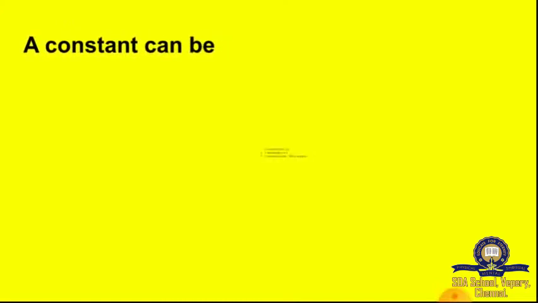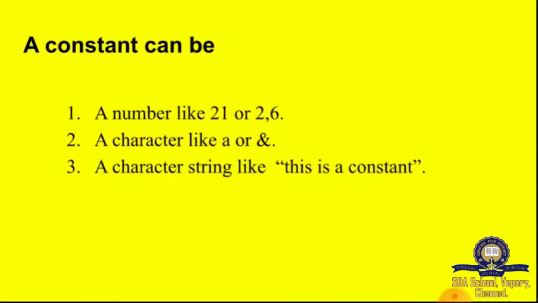A constant can be a number like 21 or 2 and 6, a character like A or ampersand, a character string like "this is a constant", which starts with a double quotation and ends with double quotation marks.